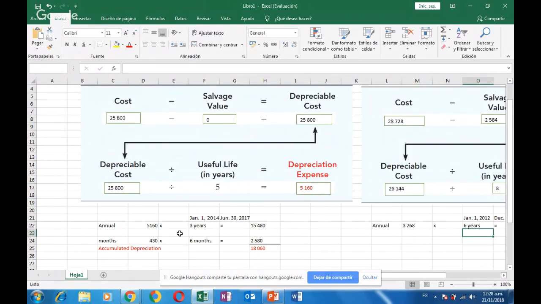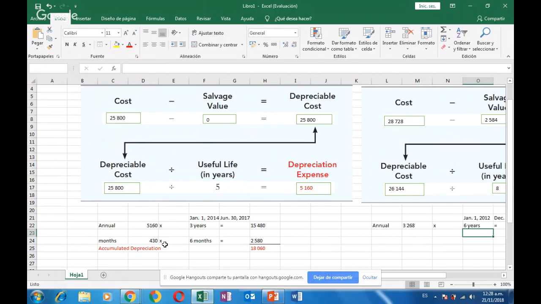To find the monthly depreciation, we divide it by the number of months, which is 12. And we have 430.